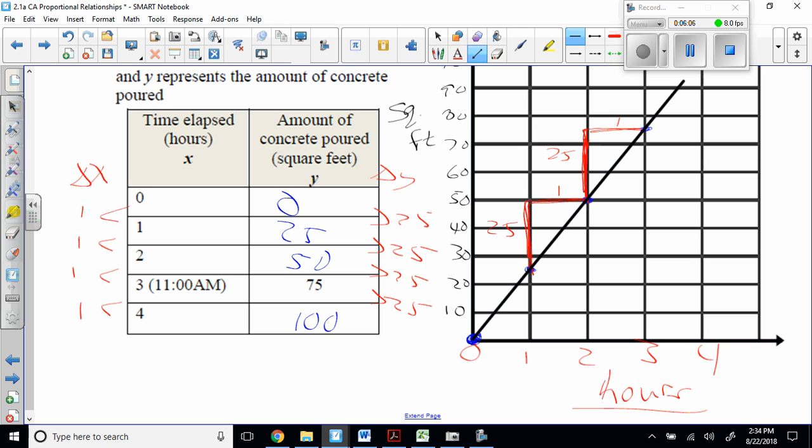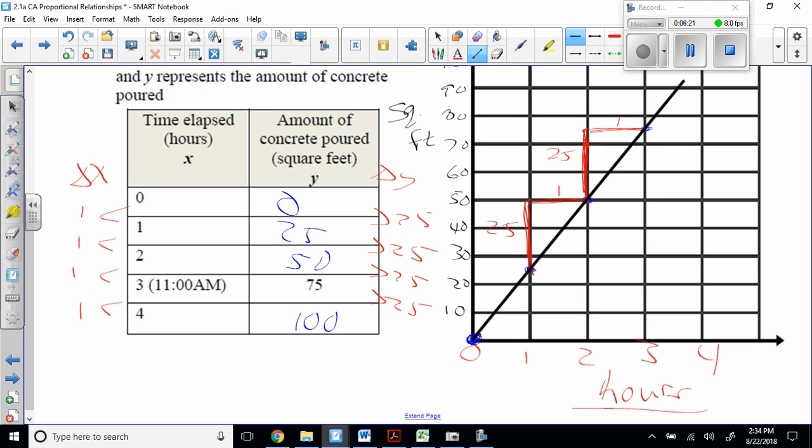Because for every change in x, it's going to be a set amount change in y. And you're going to continually do that over and over and over. And what it's going to do is change the same, which will make a straight line. Okay, that's the big thing.